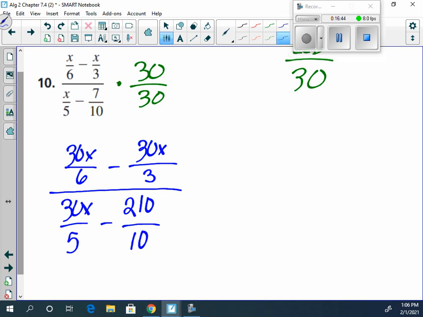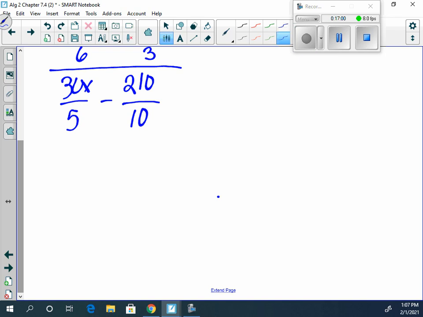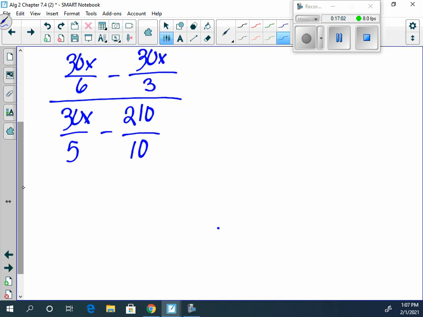So we multiplied each numerator of each fraction in this fraction by 30. Any questions on this here so far?